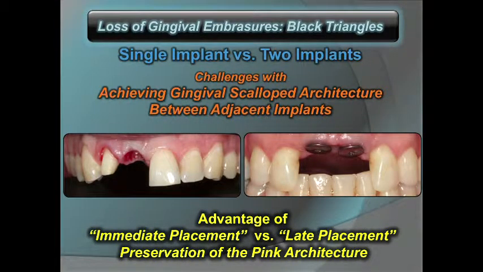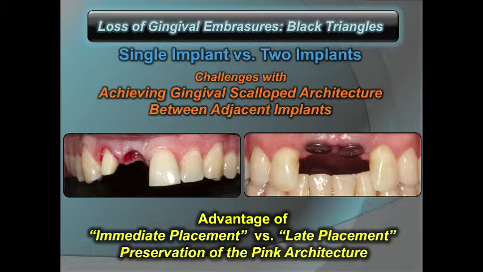Then when we talk about these cases, we have to remember that there is a big difference between a single implant that we're placing versus 2 implants. It's very challenging when we have 2 centrals missing, mostly because the bone between them is gone and the scallop form is not going to be there anymore.